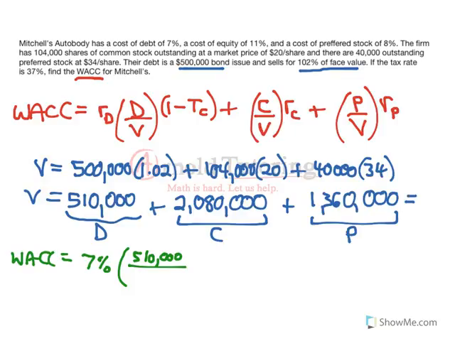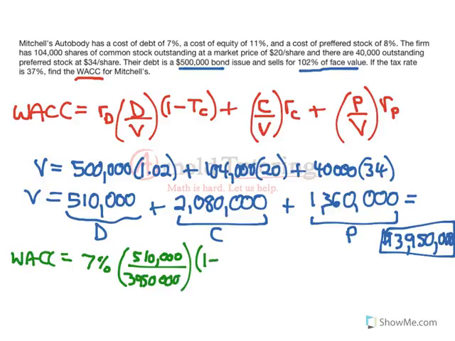This stuff all added up equals 3,950,000. So that's the total value of the firm. So that's going to be our denominator all the time. 3,950,000 times 1 minus the tax rate, which is 0.37. So that will equal 0.63, that bracket.